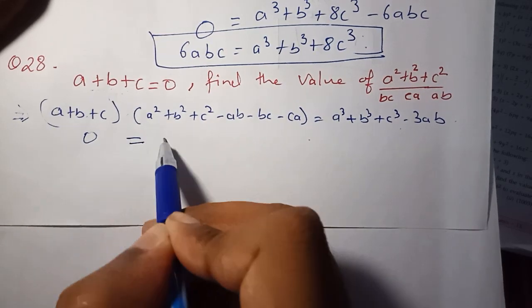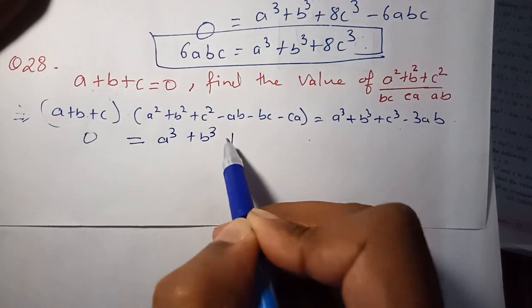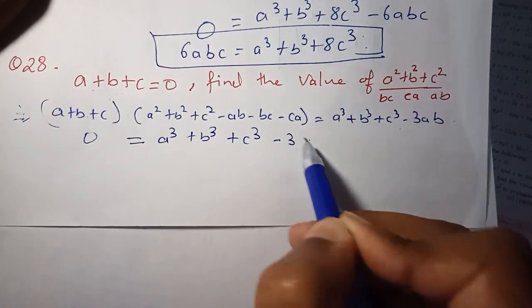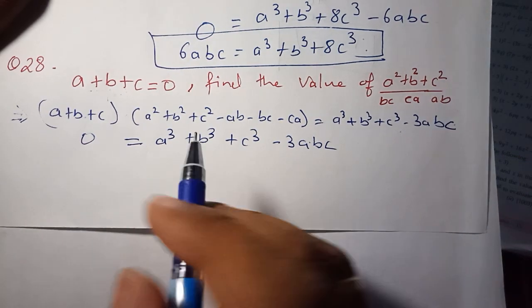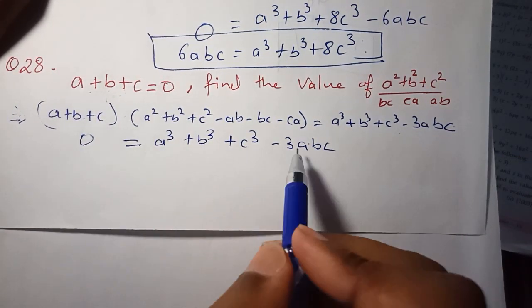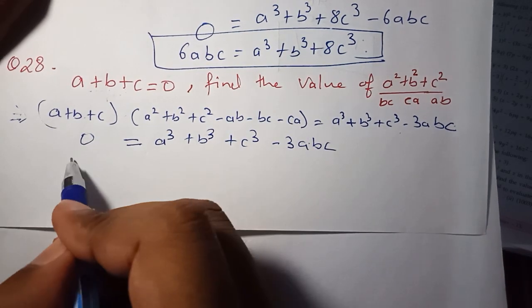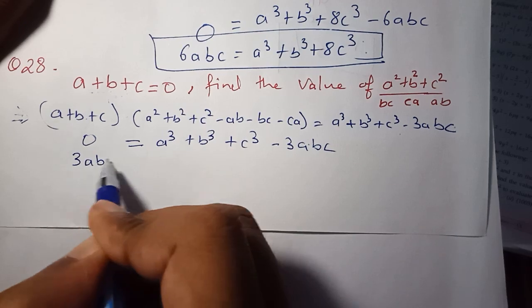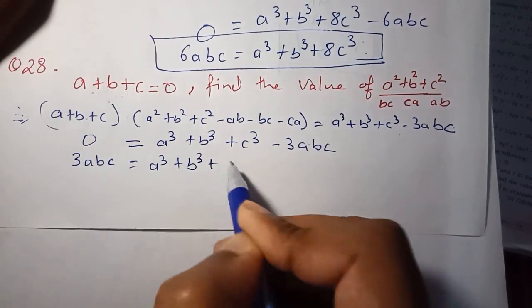a cube plus b cube plus c cube minus 3abc. Now I'm going to put this minus 3abc on one side, so it becomes 3abc equals a cube plus b cube plus c cube.